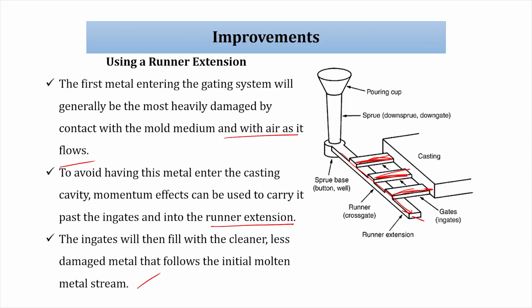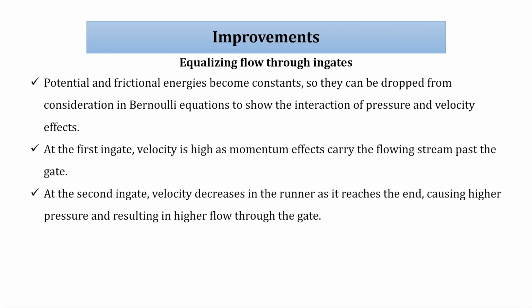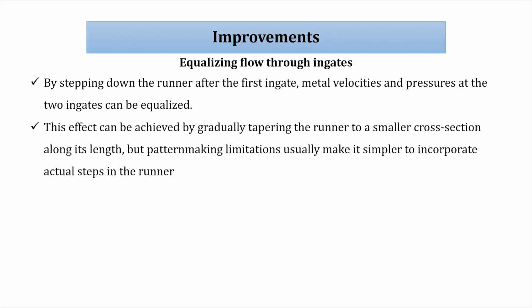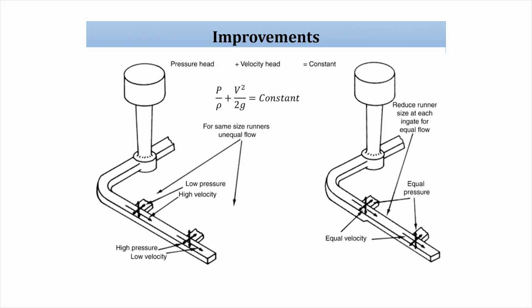Okay. Next design is runner extension design. The third improvement is equalized flow through the ingots. Let us assume there is a long runner, and there are 4-5 extension ingots.